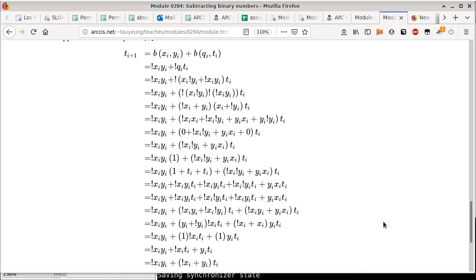And then from the 5th to the 6th row, I use distribution. How is it called in normal algebra? Foil, okay. So I just do a FOIL, but in Boolean algebra. So we end up with this.